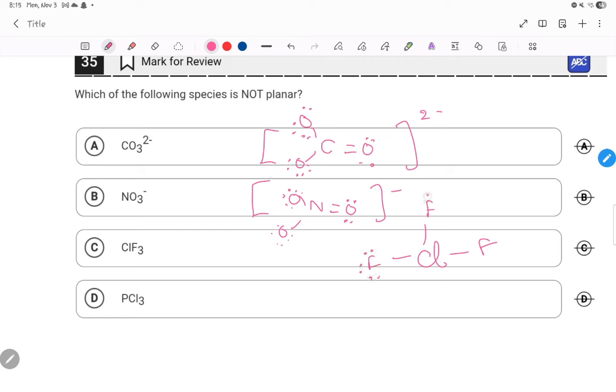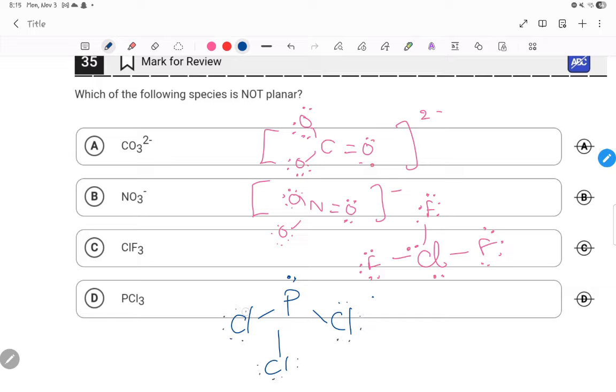Okay. And then it has what? It has 2 electron lone pairs. And then we have PCl3. So it's like this. It's P, then Cl, Cl, Cl, and then it has a lone pair over here. Okay, so which one of them is not planar?